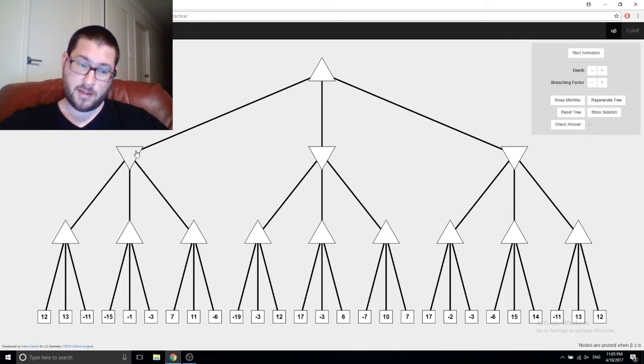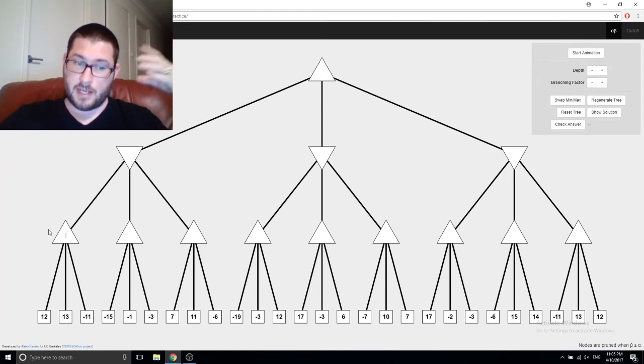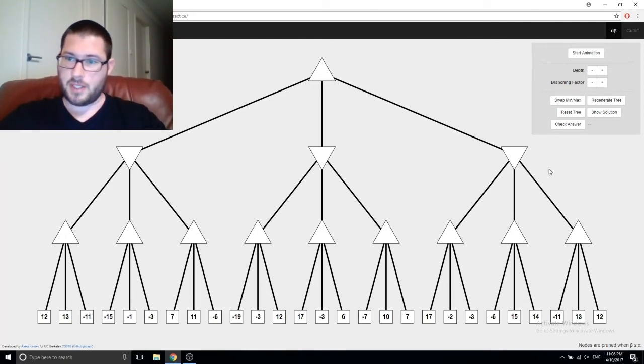They only change beta, they don't change alpha. Okay, so we have an alpha value of 13 and a beta value of infinity. And we check this -11, and it's not higher than the current alpha value, so we don't update it. The maximizing nodes continually try to push alpha upwards, and when they're finished evaluating, they return their alpha value. So they will return 13.